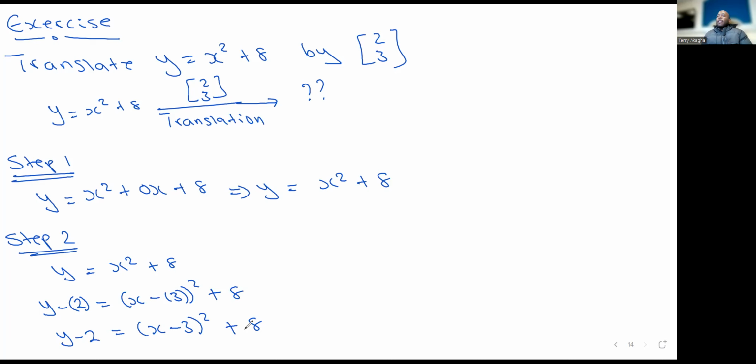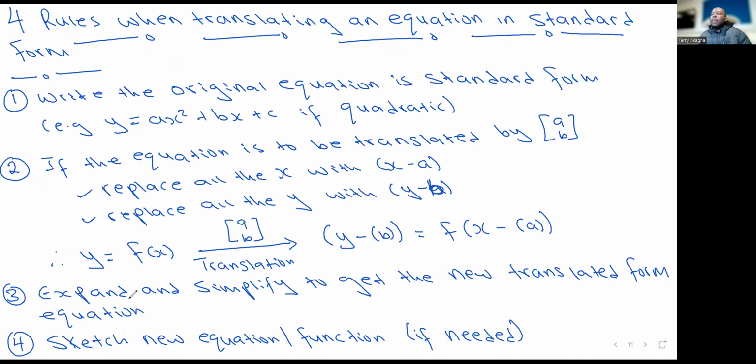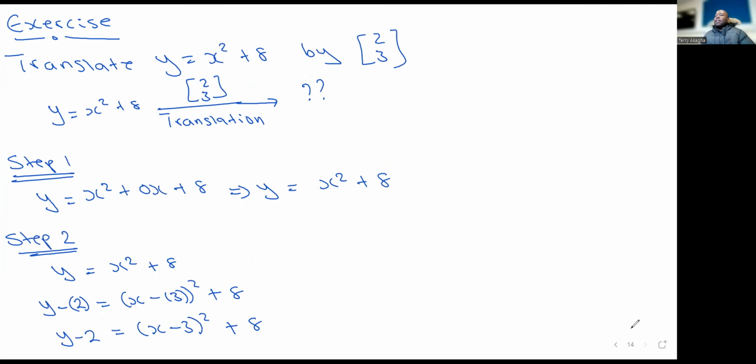Now, what does step 3 say? Step 3 said, then expand and simplify to get the new translated equation. So we need to expand and simplify for step 3. Let's go to the next page to write step 3, to expand and simplify.